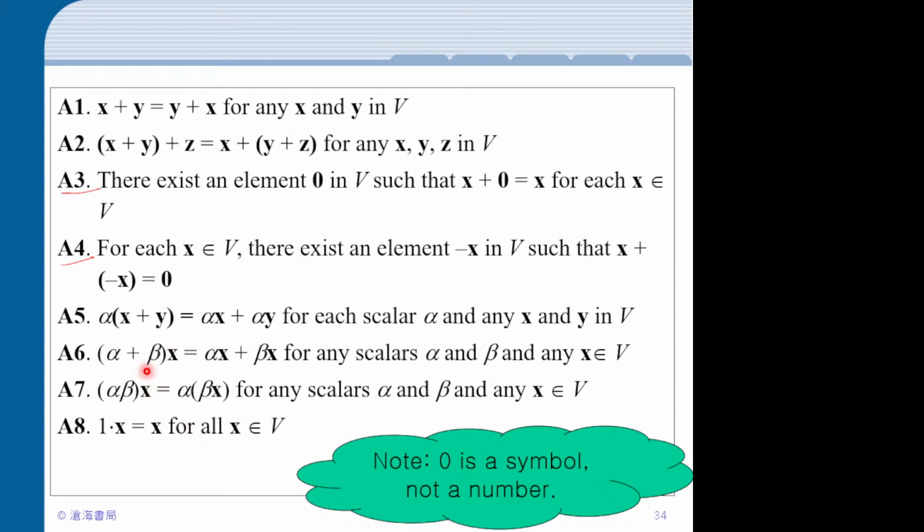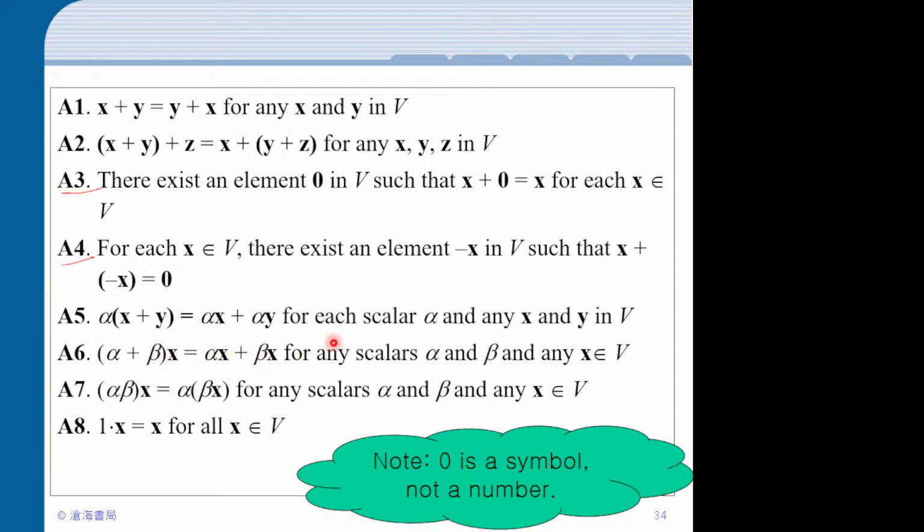Then you put scalar multiplication here. Scalar multiplication on x plus y should equal alpha x plus alpha y. There should be a distributive rule, and also alpha plus beta on x should equal alpha x plus beta x.